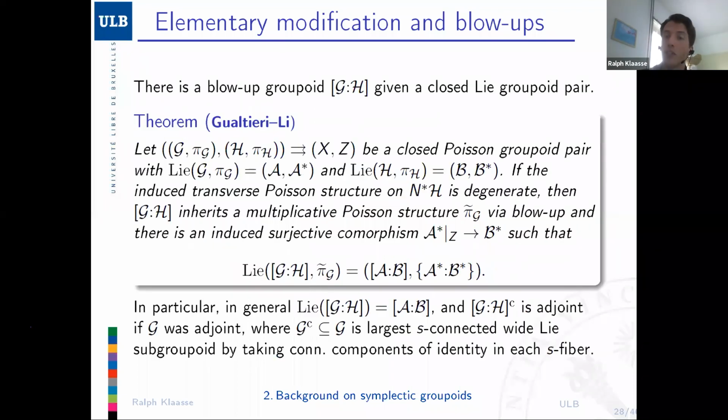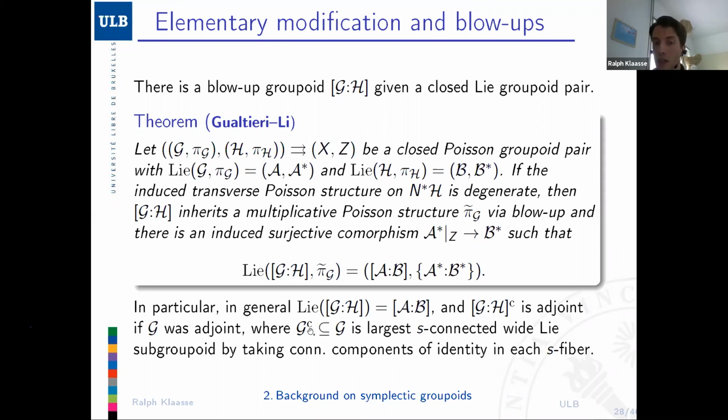Okay, so why do you want to do this? Well, Gualtieri and Li show you that this is a very useful procedure. And yeah, this is another nasty slide. I hope you can at least get the gist of it. They notice that you can modify Lie algebroids. And now if you have an integration of everything, so you have an integration of A and B, then there's a way to find an integration of the modification.